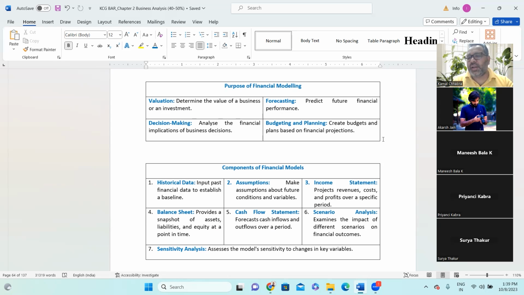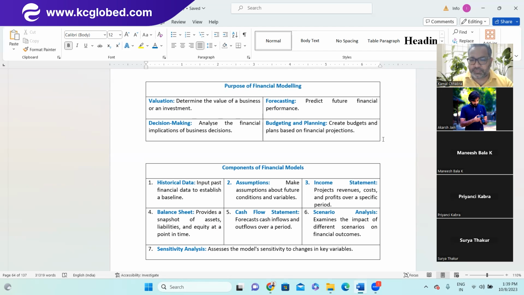By the financial modeling technique, right? Determining the value of the business and overall investment using the financial modeling technique. Same way, financial forecasting: predicting the future financial performance also comes under the financial modeling technique.